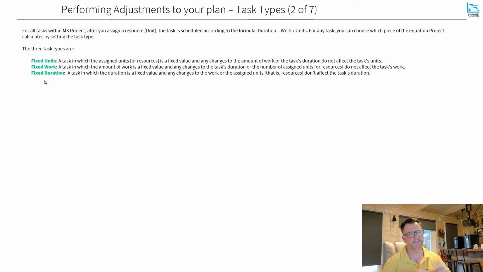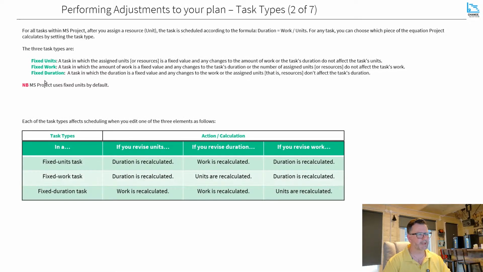Particularly if you think about our fixed duration tasks, if we are making changes to our allocation of resources, then it's going to impact the duration, and we don't want that on our fixed duration. So if I bring up the table, this matrix here, you can set these within your task information dialog box on the advanced tab.